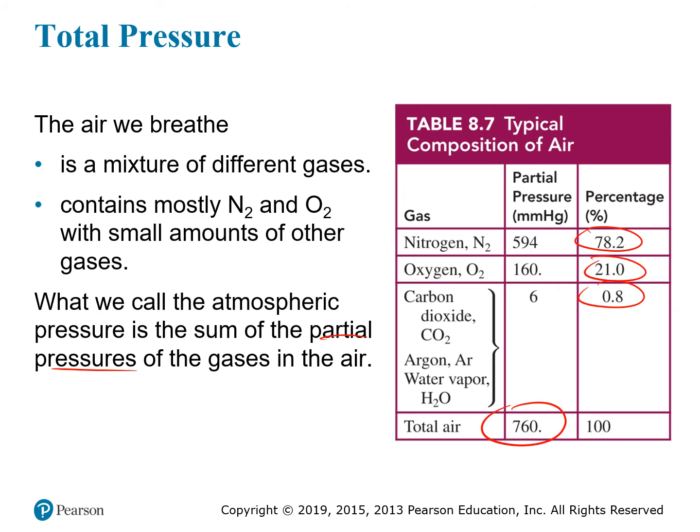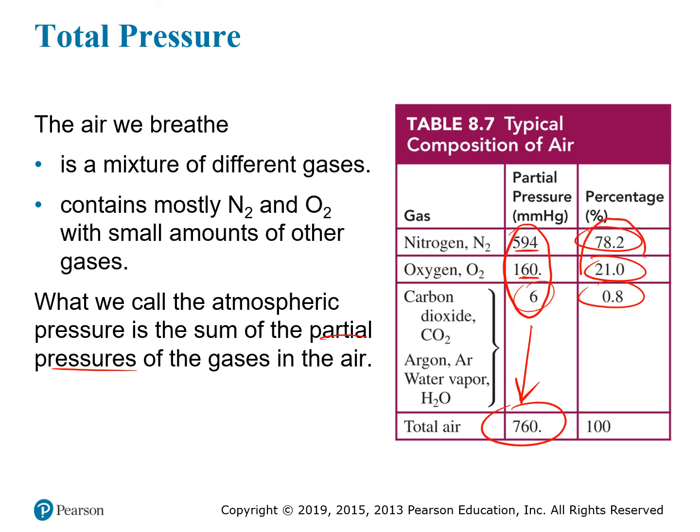So if the nitrogen in your room were all by itself, it would exert a partial pressure of 594 millimeters of mercury. If the oxygen in your room were all by itself and all the other gases were removed, it would exert a pressure of 160 millimeters of mercury. And then the other trace gases would only exert a pressure of 6 millimeters of mercury if they were by themselves. But you can add these 3 numbers up and you're going to get the total, which is 760.